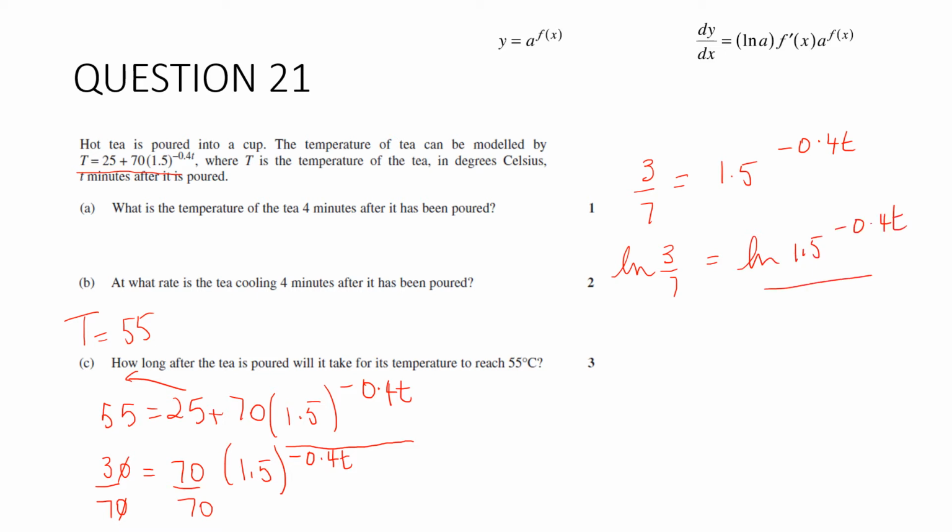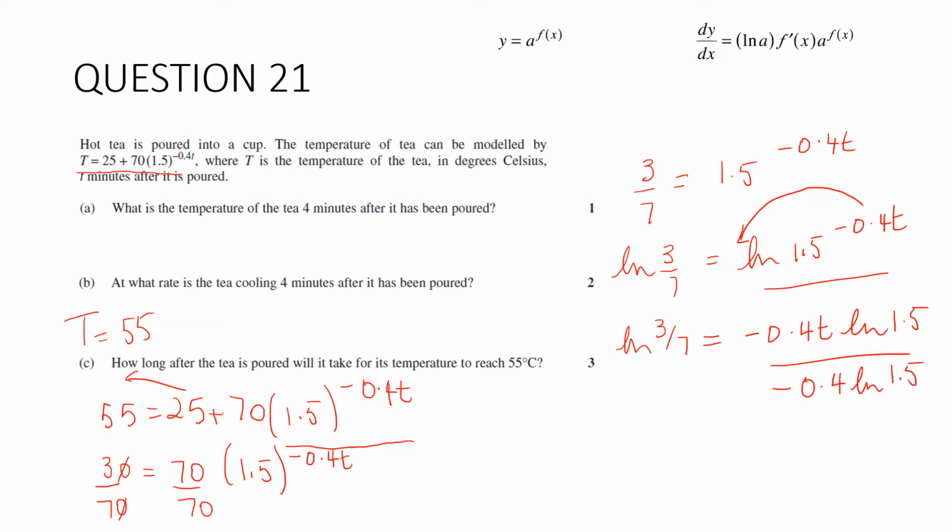This, of course, is our third log law. This index comes down the front. So ln 3/7 is equal to negative 0.4t ln 1.5. Divide both sides by negative 0.4 ln 1.5. That will give us t by itself.